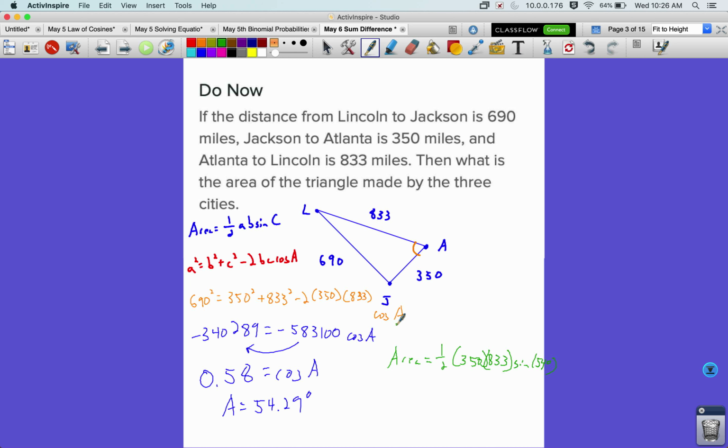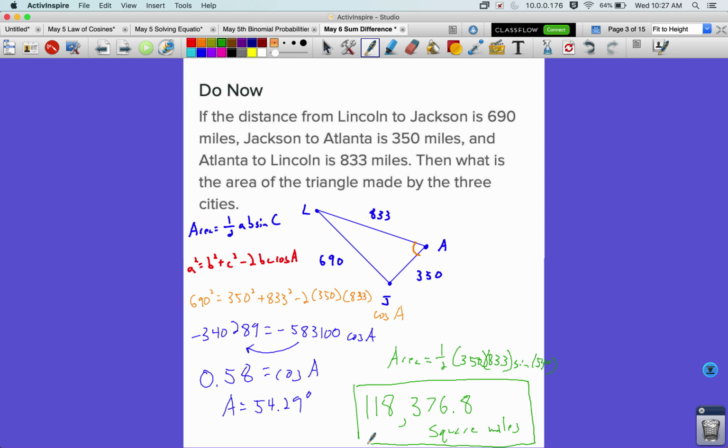So sine 54.29683951 times 833 times 350 times 0.5 for the 1/2 gets us 118,376.8, and this was in miles, so this would be miles squared, or square miles. Square miles.